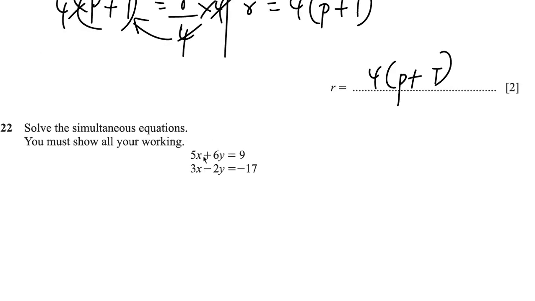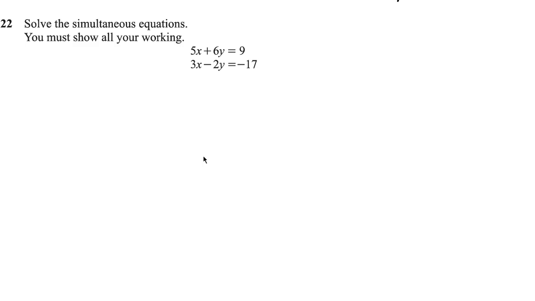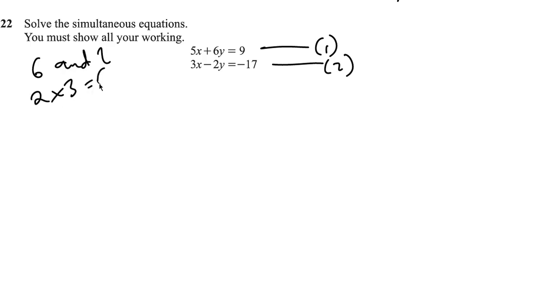Okay. Question 22 says, solve the simultaneous equations. You must show all your working, right? So let's call this equation 1 and let's call this equation 2. To solve something like this, you have to study carefully and look at what is given to you precisely. You can see here that we have 6y and 2y, and there's a relationship between 6 and 2: 2 times 3 is equal to 6.